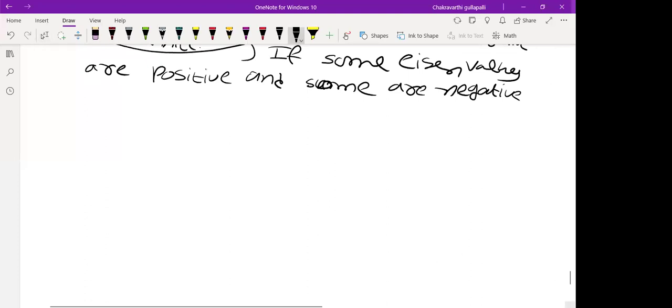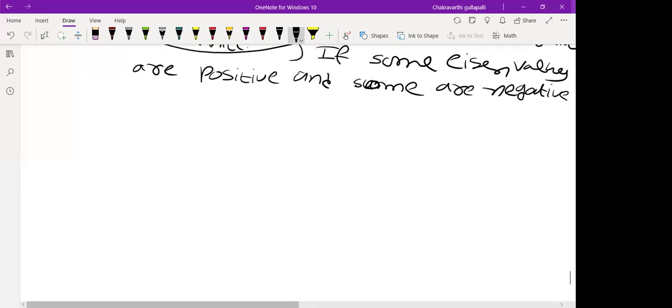Suppose there are two quadratic forms. When are they said to be equivalent? You are getting questions based on that. So, equivalence.